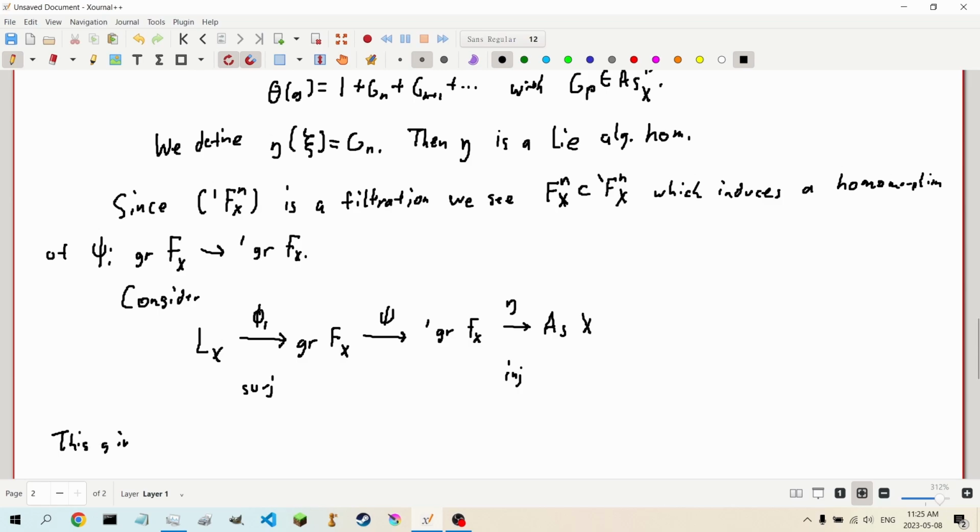This gives us our map phi from the free Lie algebra to the free associative algebra. I guess this should be a subscript as well.